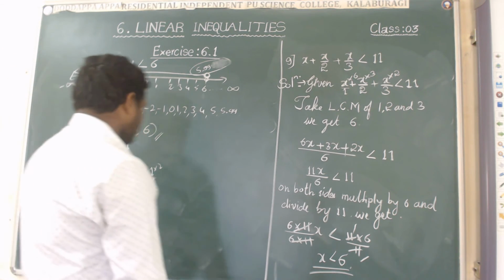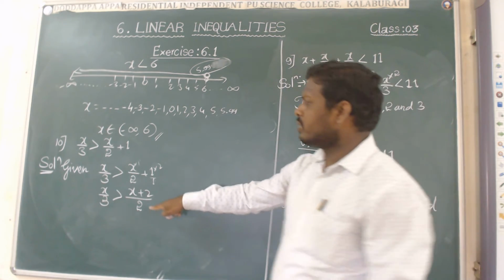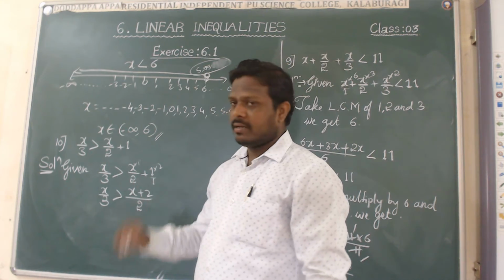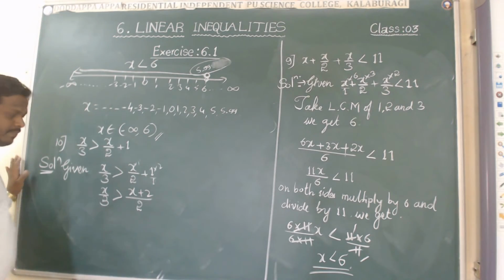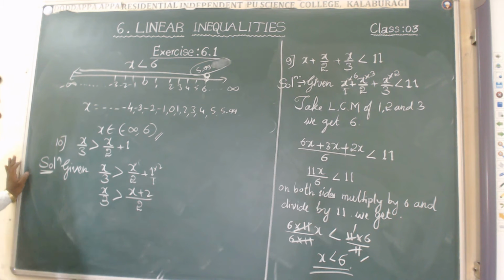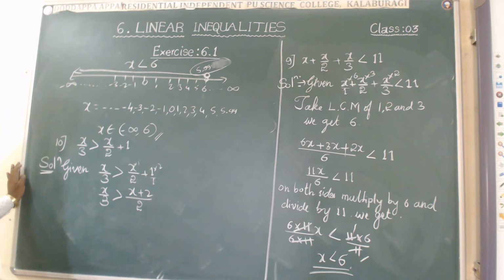Next, how to use this? Remove the plus 3 on both sides. Otherwise, if you want to remove both this and this, we have to multiply by 3 and 2 on both sides. Getting my point?